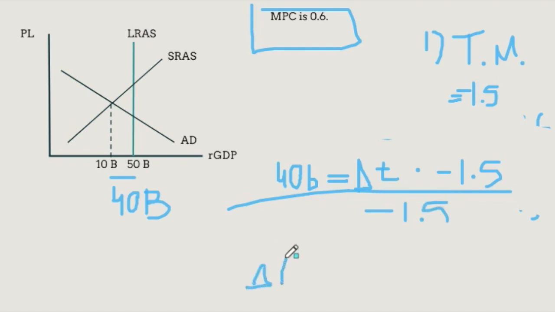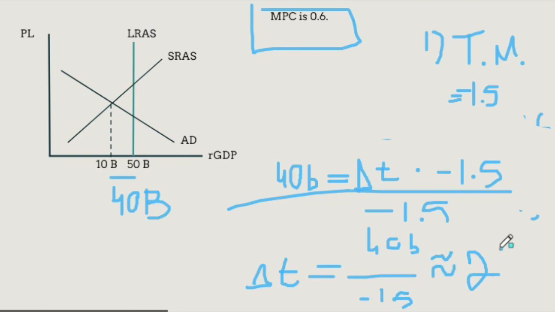So delta T, the change in taxes we need, is going to equal 40 billion divided by negative 1.5, which is approximately negative 26.7 billion. So that means we need to change taxes by negative 26.7 billion to increase the GDP by 40 billion.